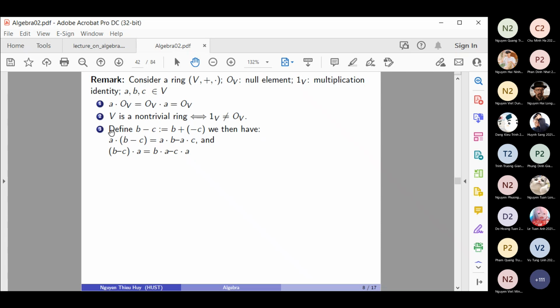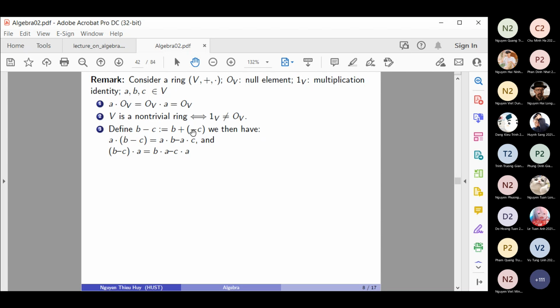And the last thing tells you that you have the distributive property for multiplication and addition, but it is also true for subtraction, where we define subtraction by b minus c simply equal to b plus (minus c), where minus c is the negative of c. The negative of c is the element such that when you add it to c you obtain 0.